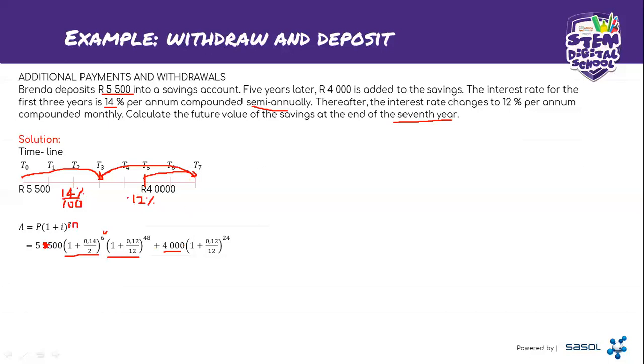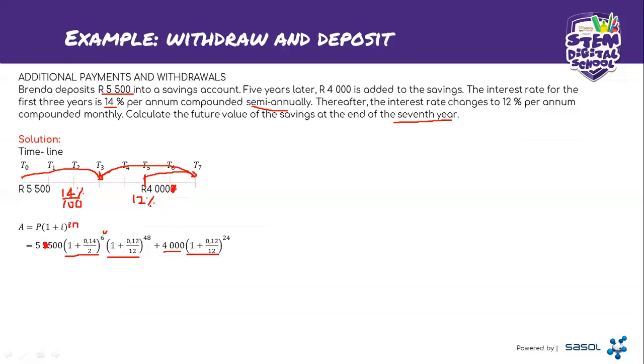Actually, there is a typing error. It was supposed to be 4,000, not 40,000, so let me take out that 0. It's 4,000.